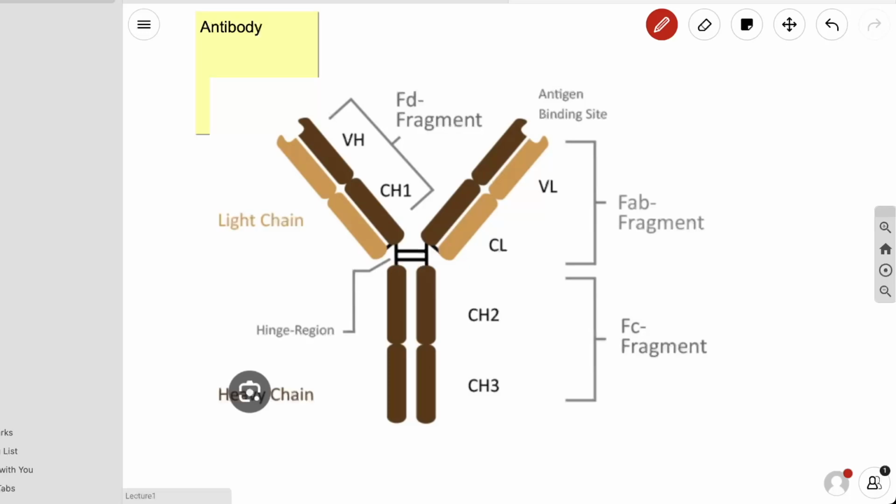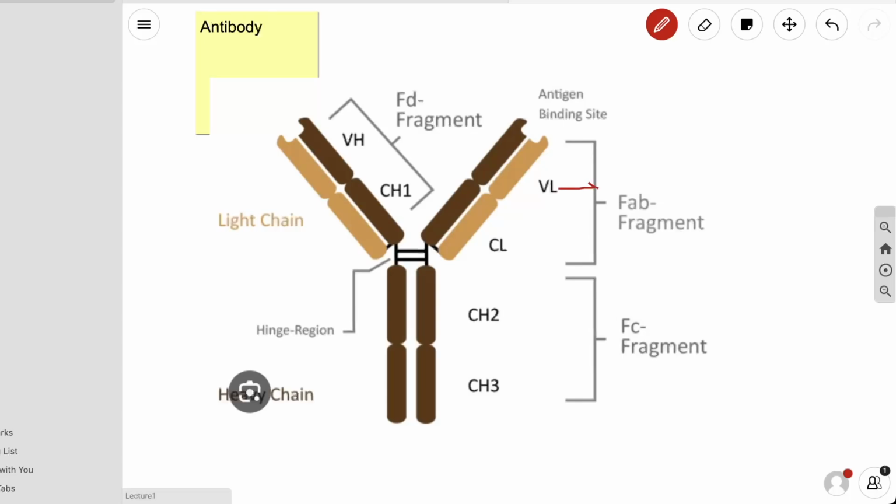Now, with all things being explained in the structure of antibody, let's review everything I've said again. At the variable region, this is the variable light chain.